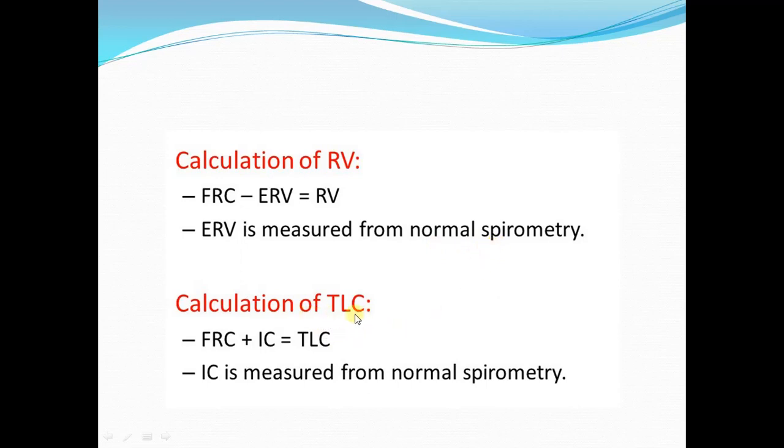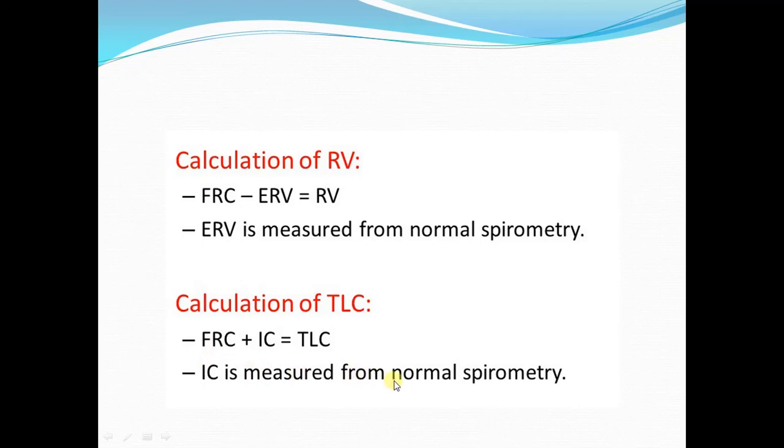And we can also calculate the total lung capacity by adding inspiratory capacity to functional residual capacity. The sum of functional residual capacity and inspiratory capacity is equal to total lung capacity. Again, inspiratory capacity is measured by direct spirometry.